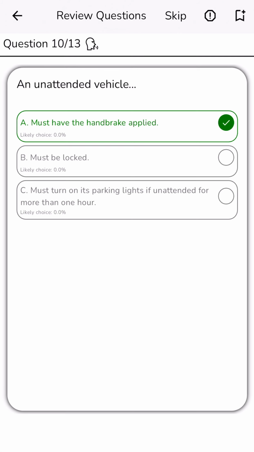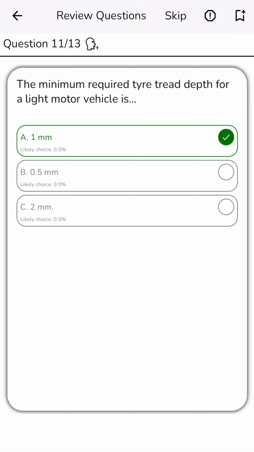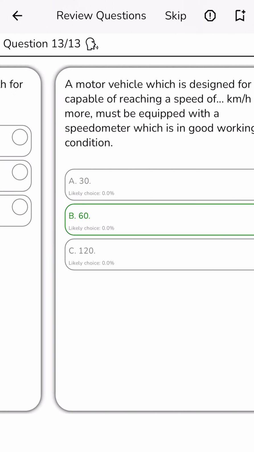It must just have the handbrake applied. Okay, the minimum required tire tread, we know it has to be 1 millimeter. Even without having to read through all that question, we just know that we are looking for an answer that has 1 millimeter.